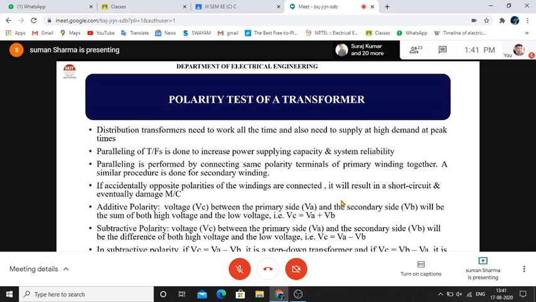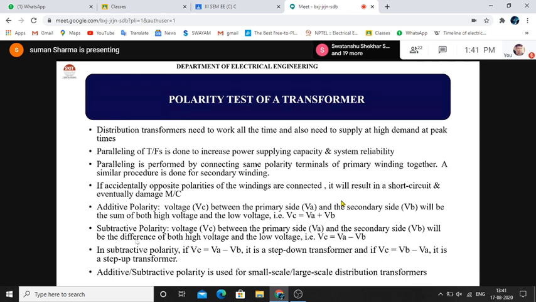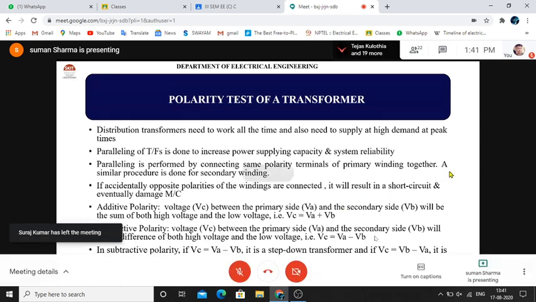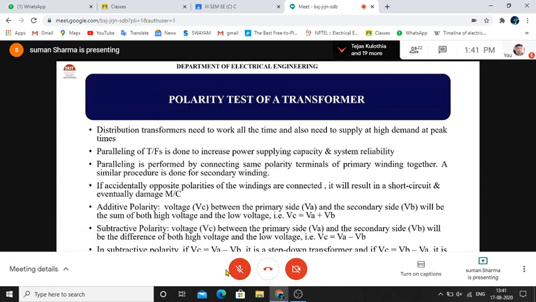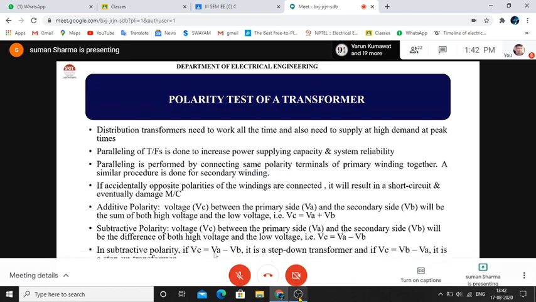Subtractive polarity, for this, the voltage between the primary side and secondary side will be difference of both high voltage and low voltage. That is, VC is equal to VA minus VB. In subtractive polarity, if VC is VA minus VB, then it is step down transformer because VA is our primary voltage and VB is secondary voltage.